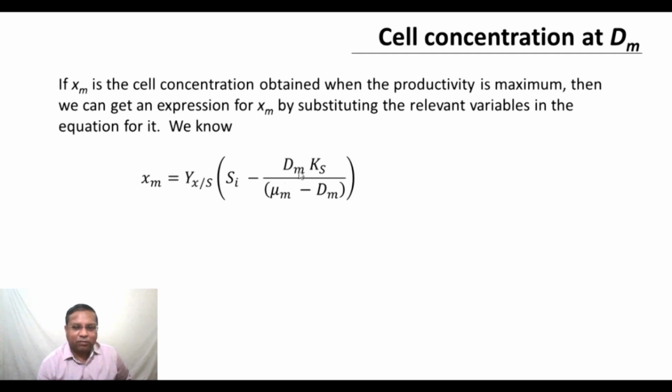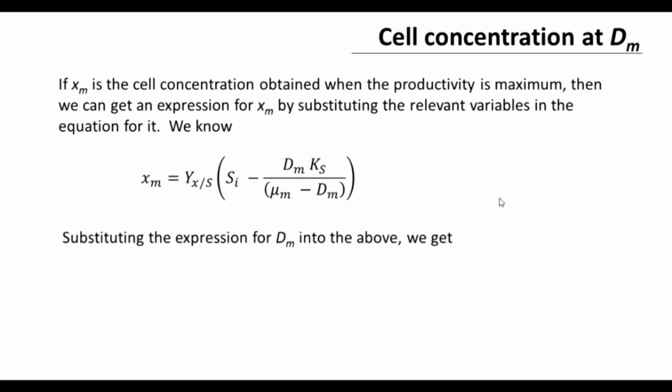So D should actually be Dm here. The rest are the same: Y X/S times Si, the inlet concentration, so there is no change here. D has become Dm, Ks is a constant, mu m is a constant.